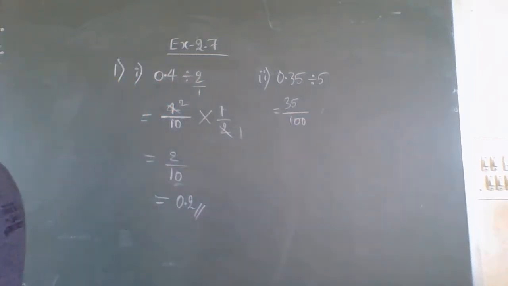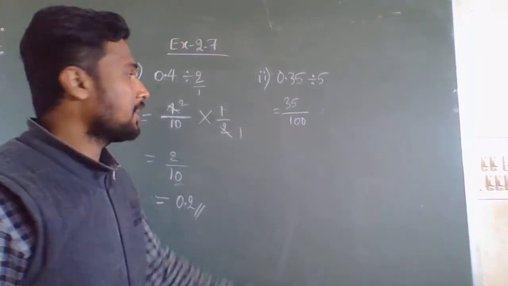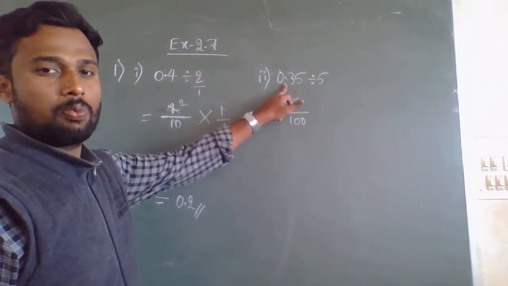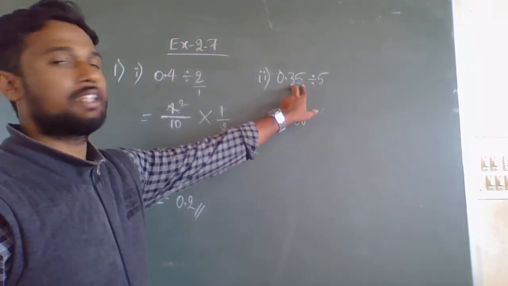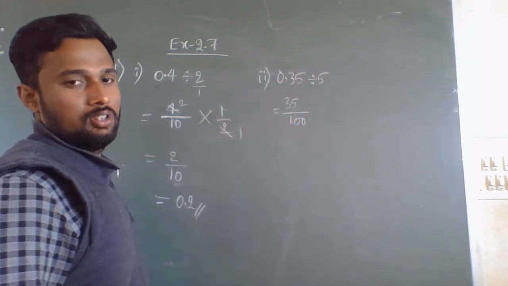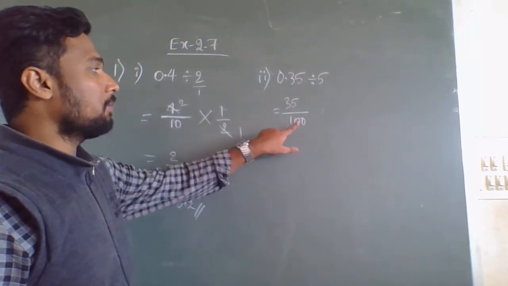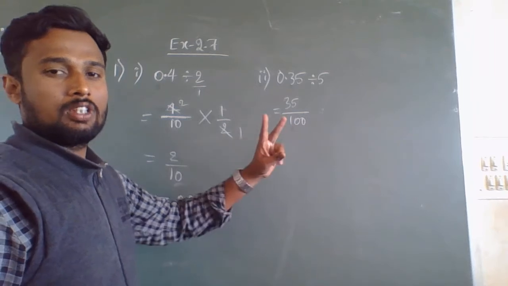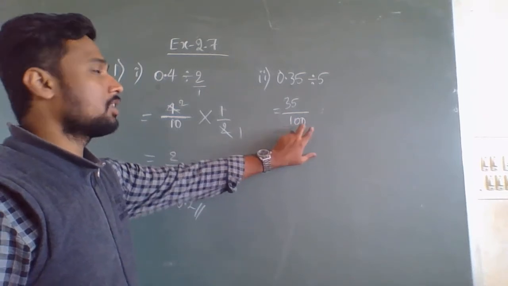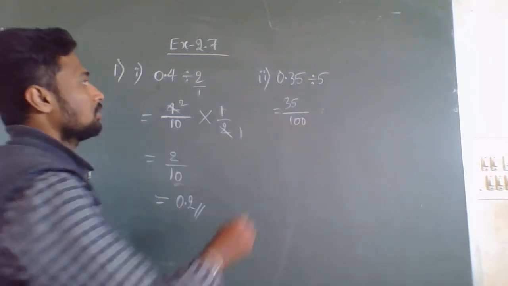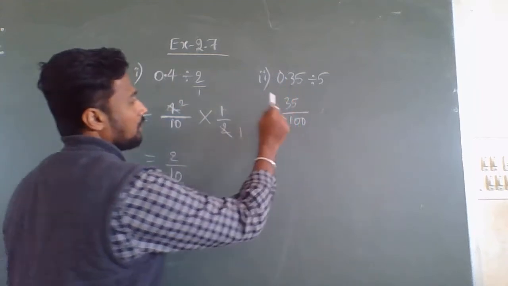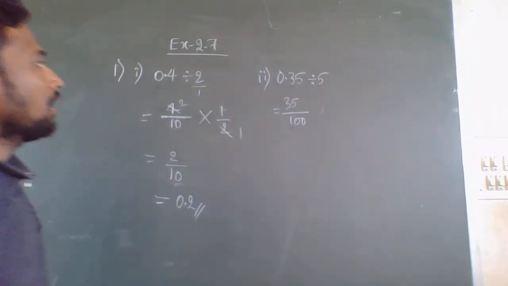Why I have written here 35 divided by 100? You can see here, after the decimal point there are two digits, 3 and 5. So here I will consider the number where two zeros are there. In 100 how many zeros are there? Two zeros are there. So 0.35 can be written as 35 divided by 100.